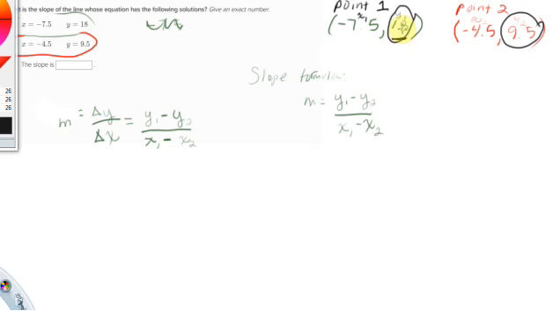I circled these just so that I don't accidentally put the wrong number in the wrong spot. It helps me see what I'm doing. So 18 is y1, it's going to go right here, and then minus y2, which is 9.5.